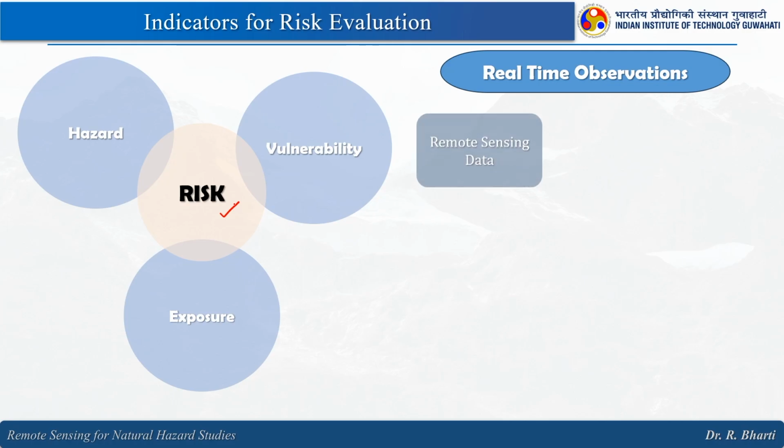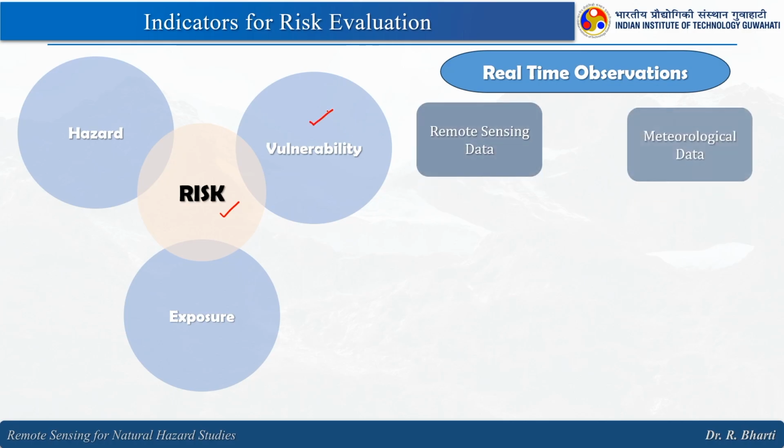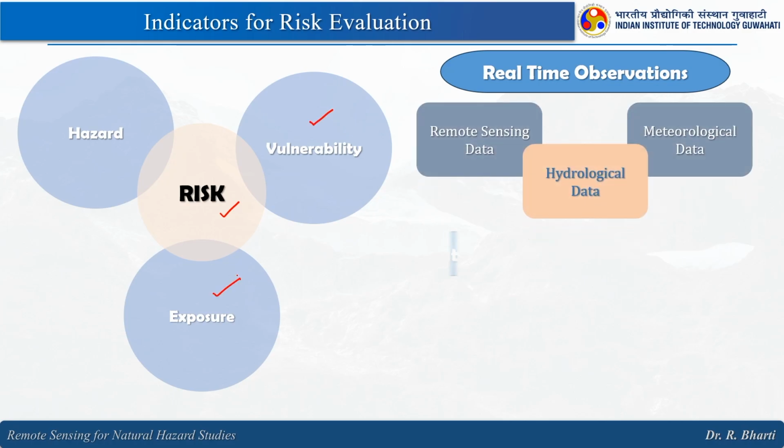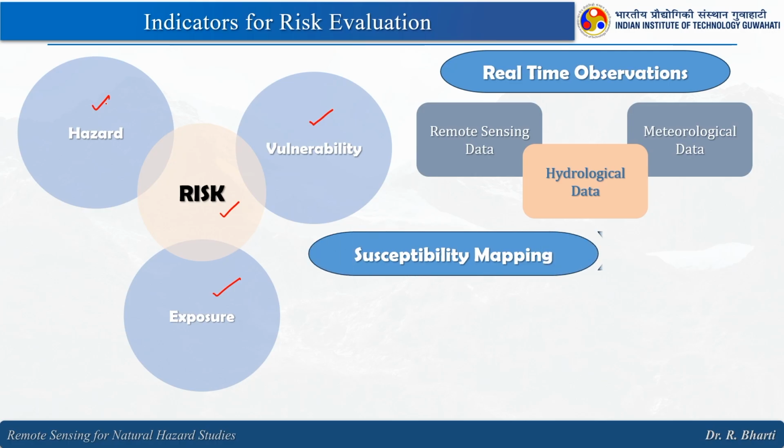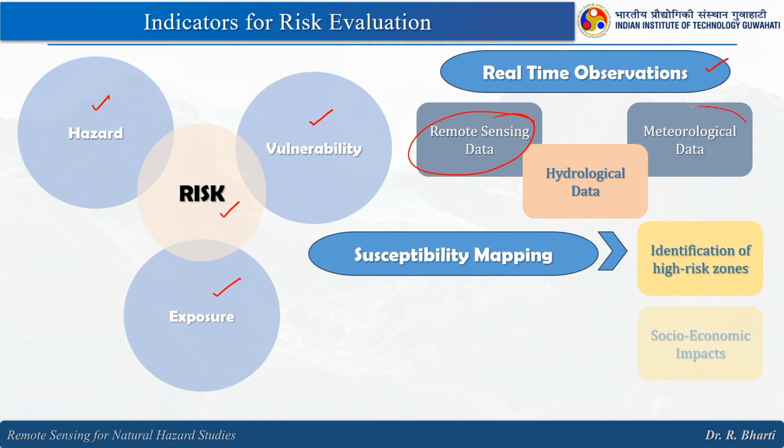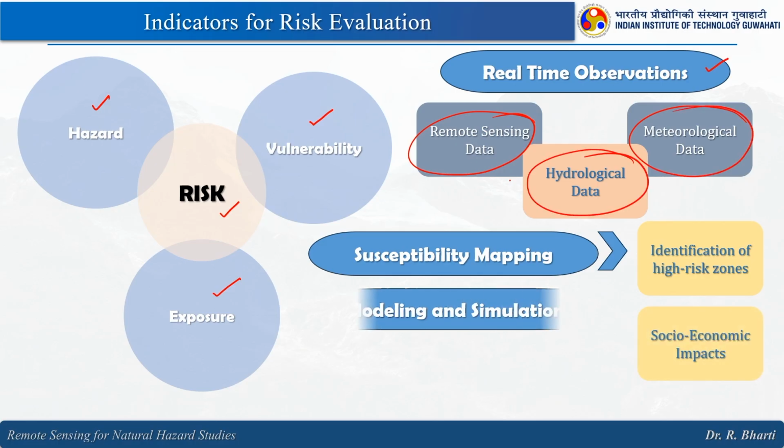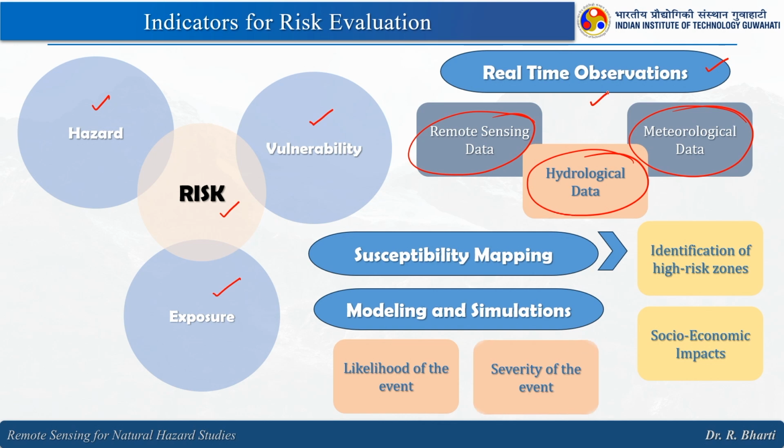When we talk about risk, we have to go for the vulnerability assessment, exposure assessment and the hazard analysis. And for real time observation, we have the remote sensing data, meteorological data and hydrological data that is needed. The susceptibility mapping has the identification of high risk zones, and the modeling and simulation will give the likelihood of the event and the severity of the event, right.